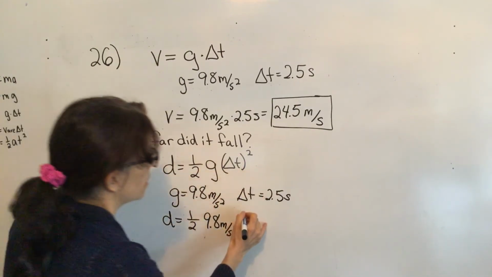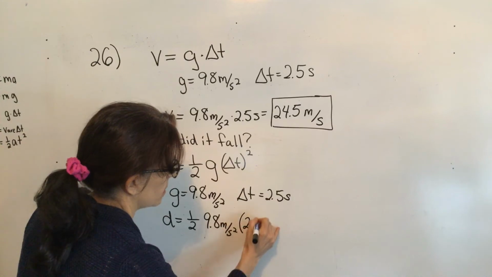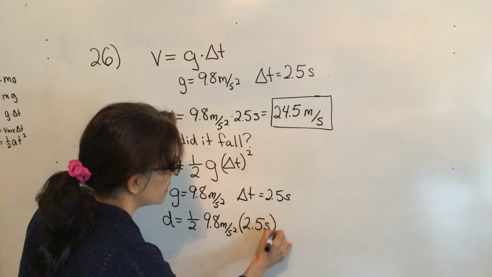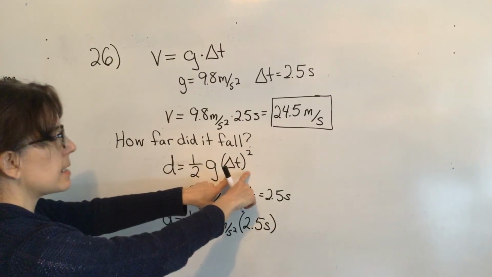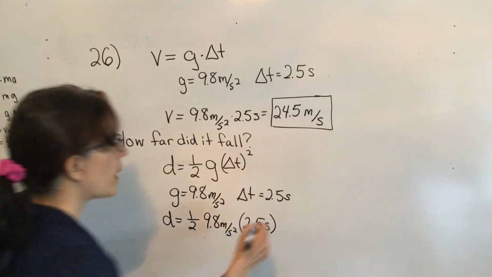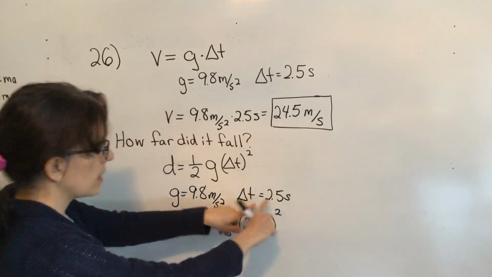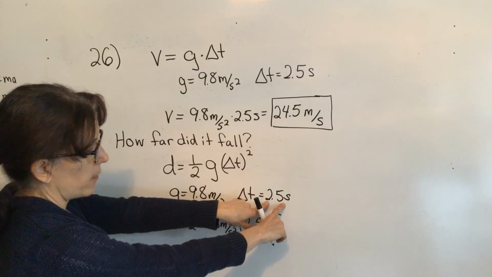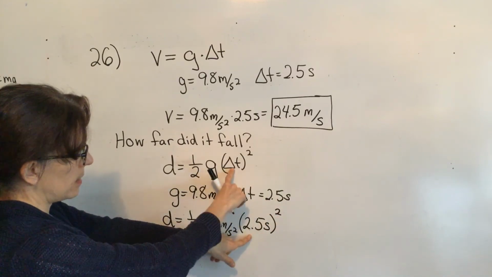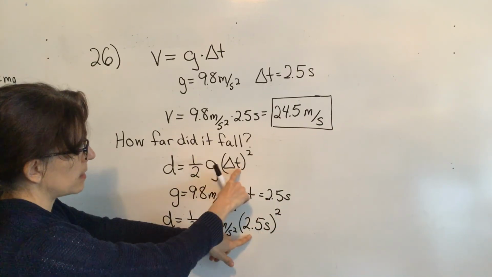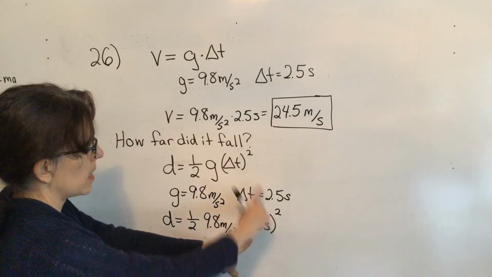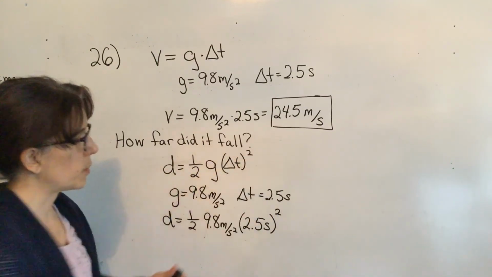It's in parentheses, so we need to put it in parentheses. 2.5 seconds. Exactly as it is in the formula, it's also squared. So the number goes in the parentheses, just like delta t, and then it's squared. So we put a square outside it.